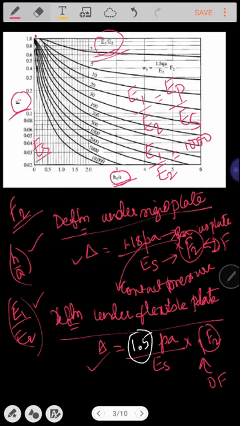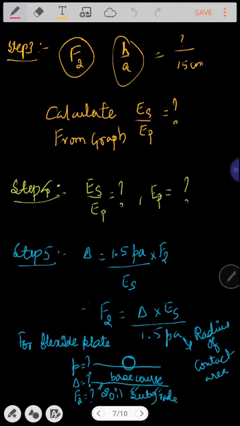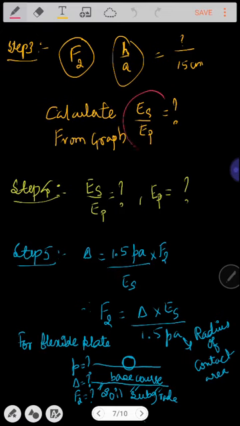So Es upon Ep is equal to 1 upon 1000. So with the help of this third step, we will be able to calculate the value of Es upon Ep, which we determined as 1 upon 1000 from the value of F2 as well as the value of h upon a, as an example.